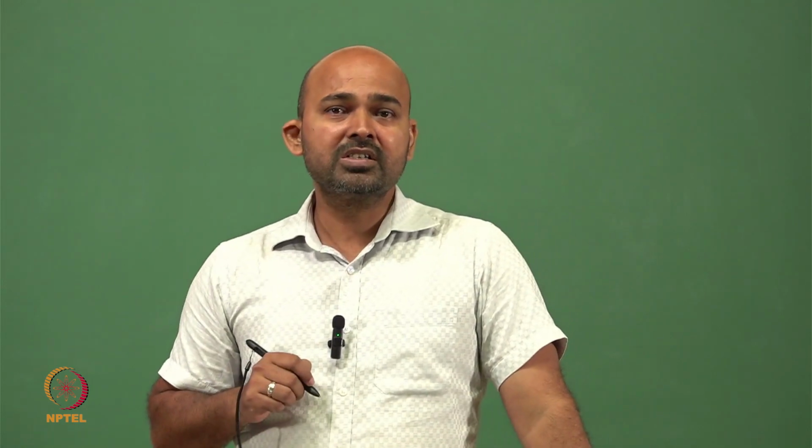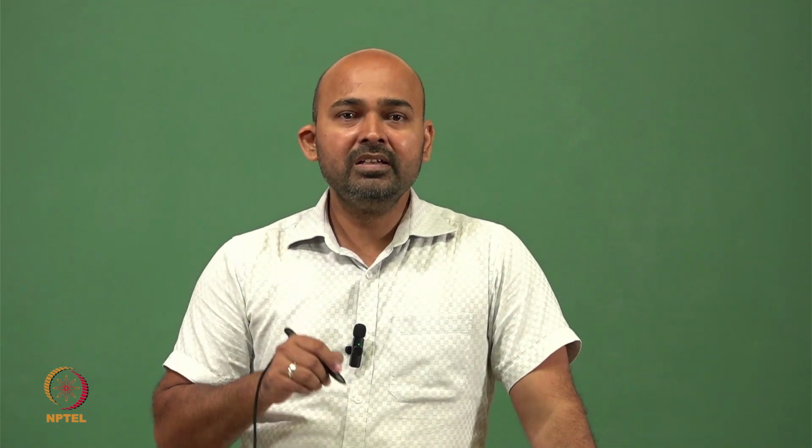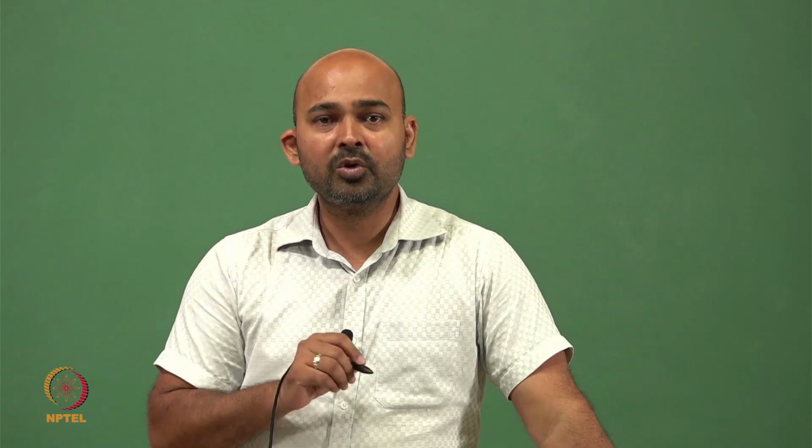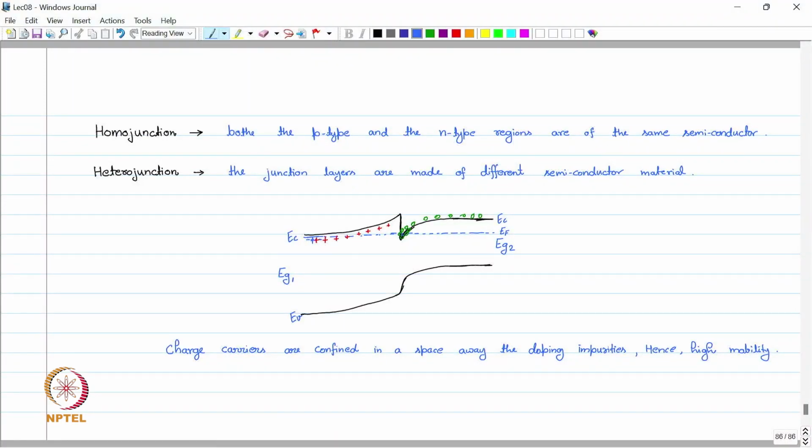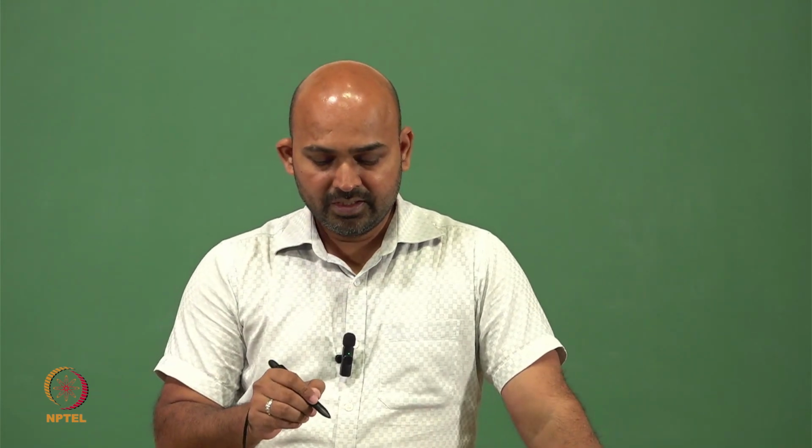However, in a heterojunction we are not putting any impurity here, we are not doping the material exactly at this quantum well. These electrons are here because of the difference in the band gap.